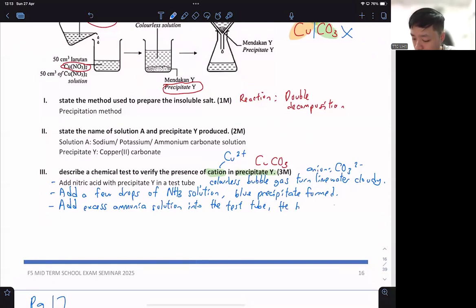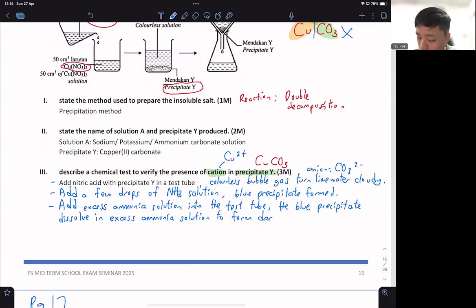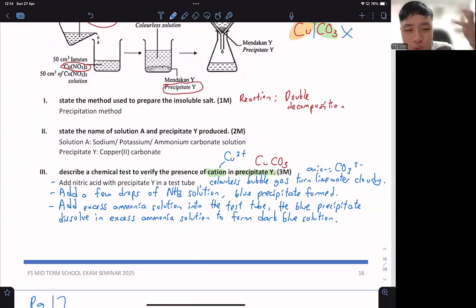The blue precipitate dissolves in excess ammonia solution to form dark blue solution. This one is the more standard answer. You can add NaOH, but I don't recommend it, to avoid confusing you. Just remember NH3 is enough.